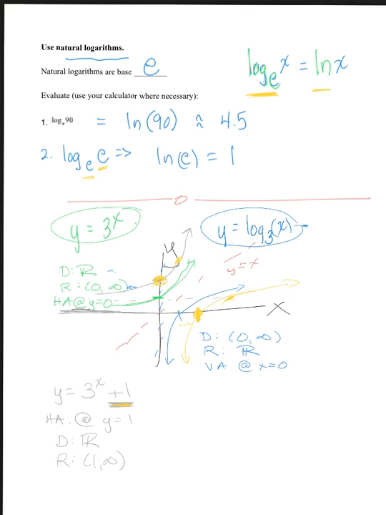That would be represented by affecting the x value. So the domain of my transformed logarithmic function becomes 1 to infinity. My range is all real numbers, and my vertical asymptote, which was originally the y-axis, is now at x equals 1. So I have shifted my vertical asymptote.